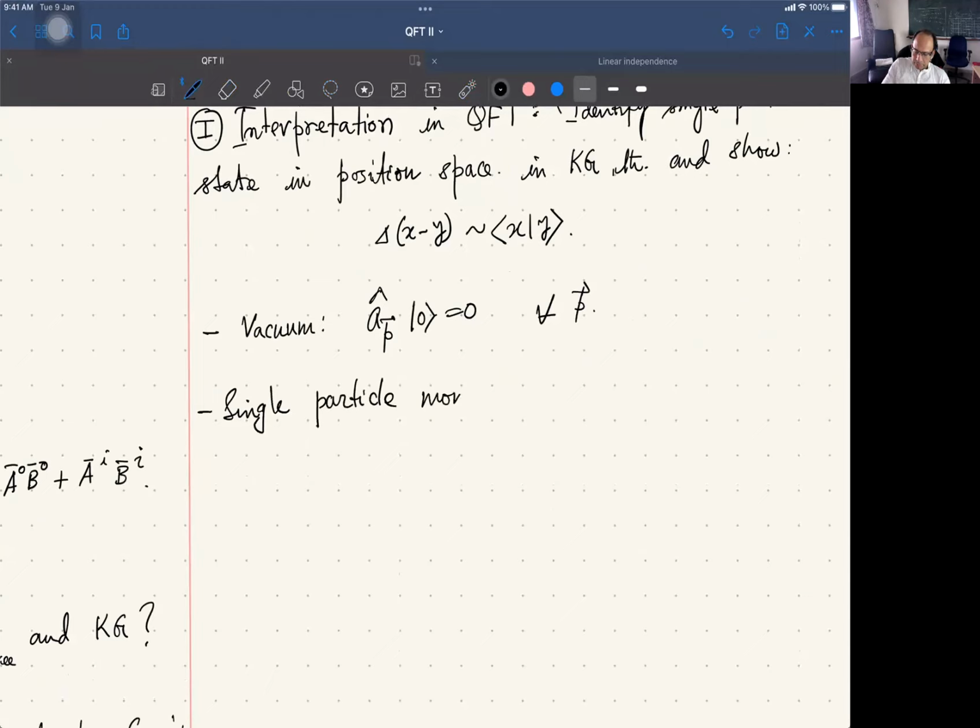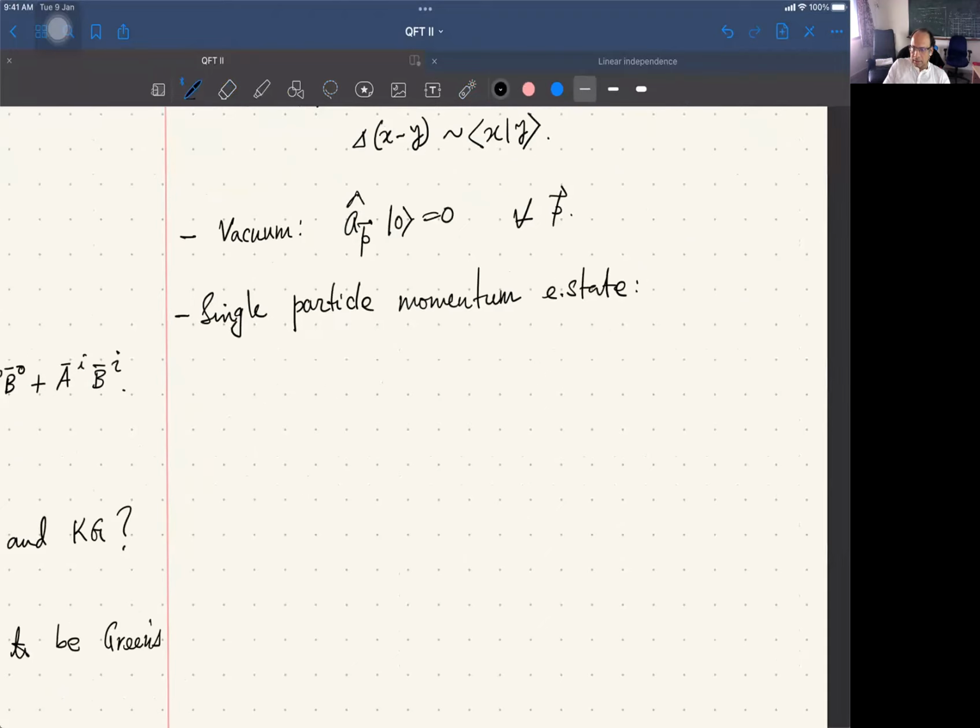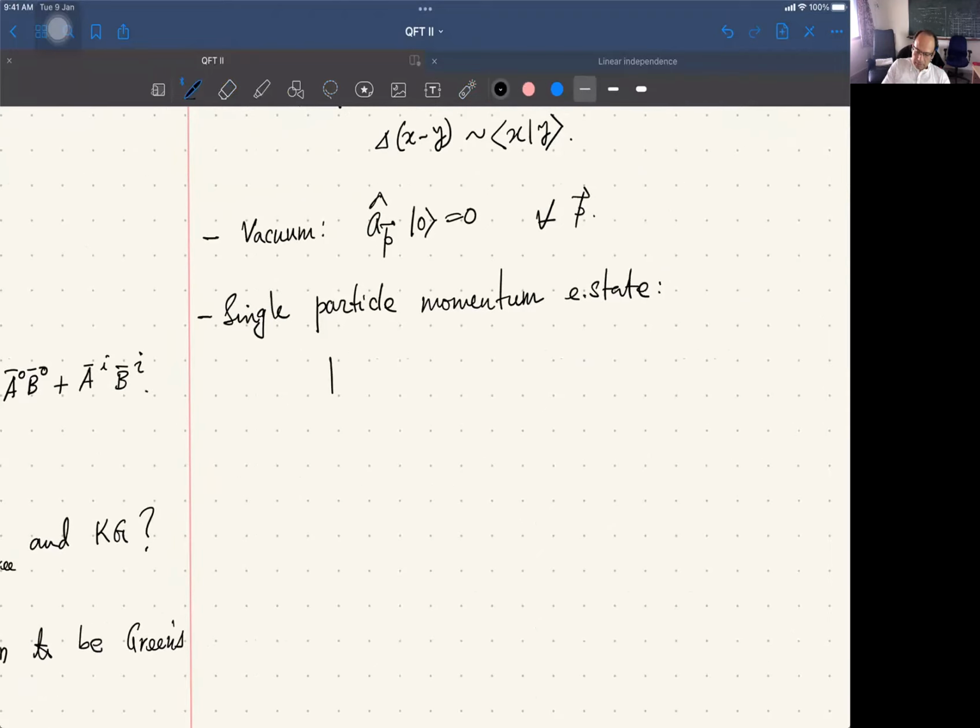momentum eigenstate p is equal to root of twice omega p, A_p dagger.